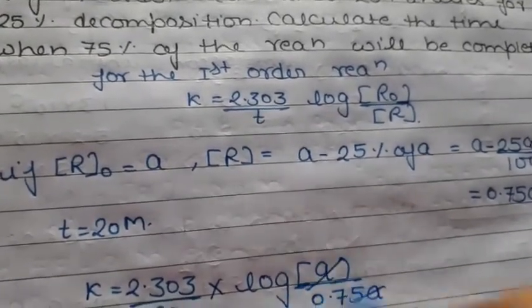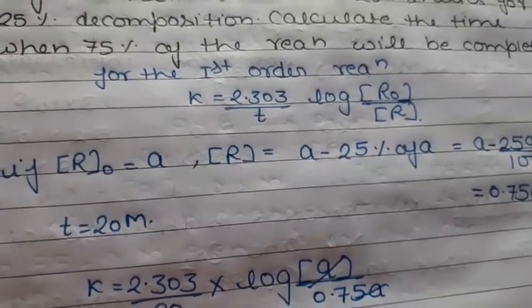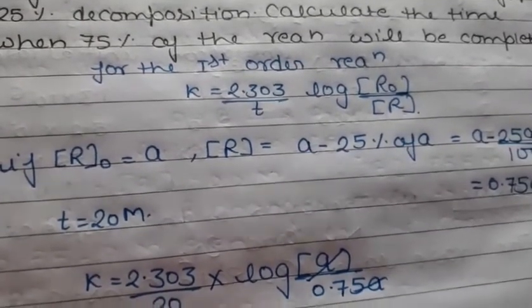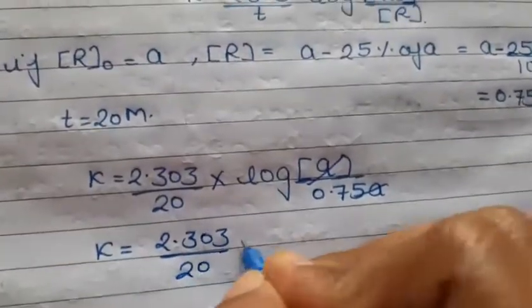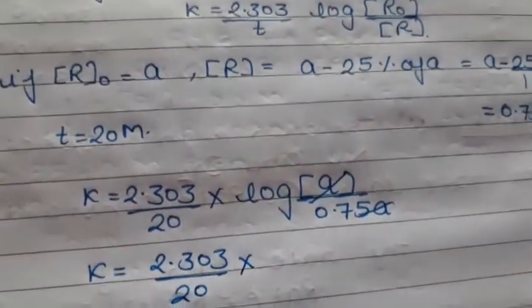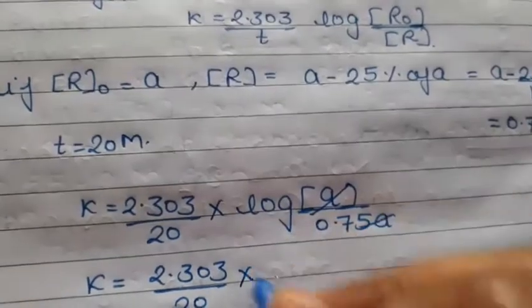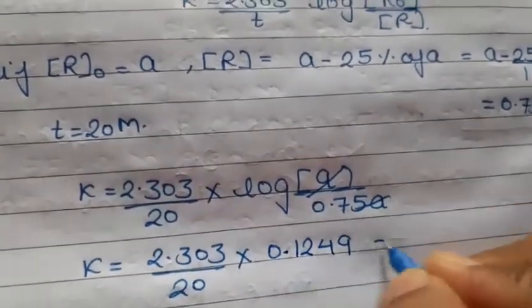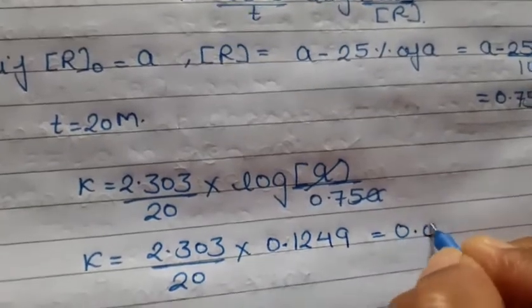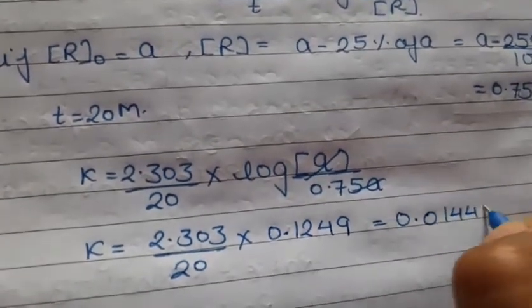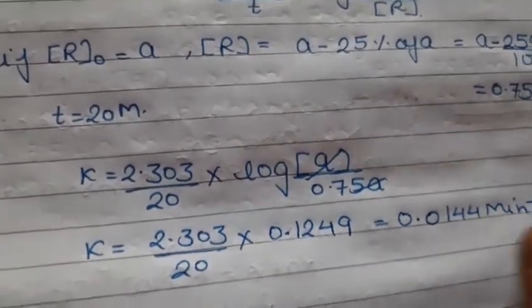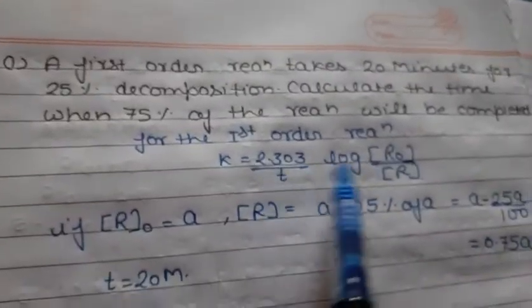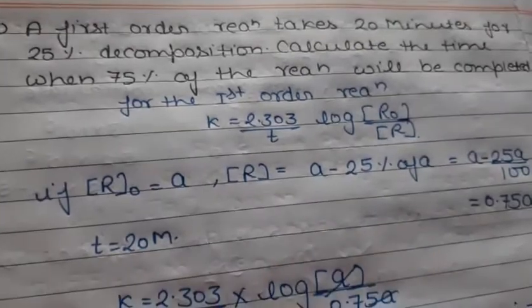A is cut down by a, so we get k equals 2.303 upon 20 into the value of log, 0.1249, and we get 0.0144 minute inverse.